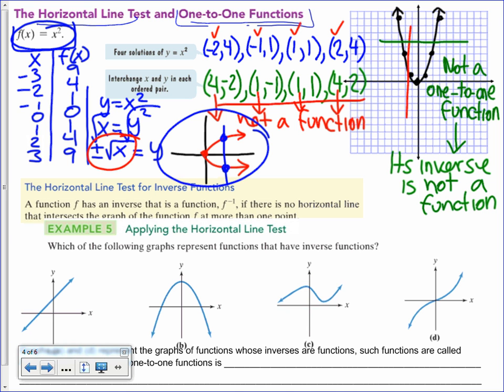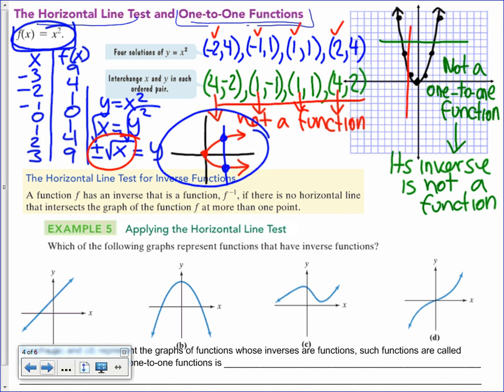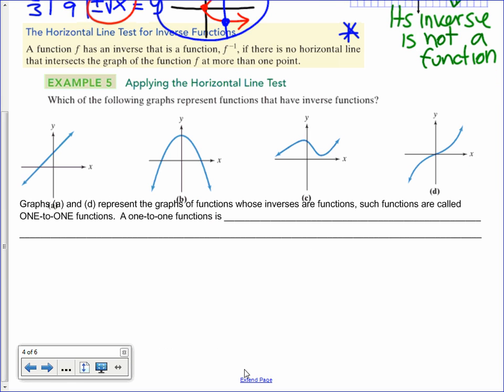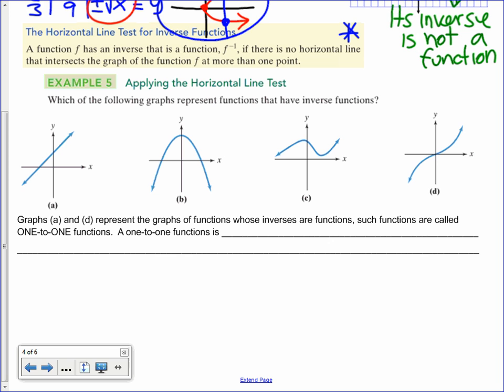Okay, so what I want you guys to do next is go ahead and test those on this table. Are those functions? First of all, we need to establish that. They are, right? So they all pass the vertical line test. And so I want you to figure out if they are one-to-one functions.